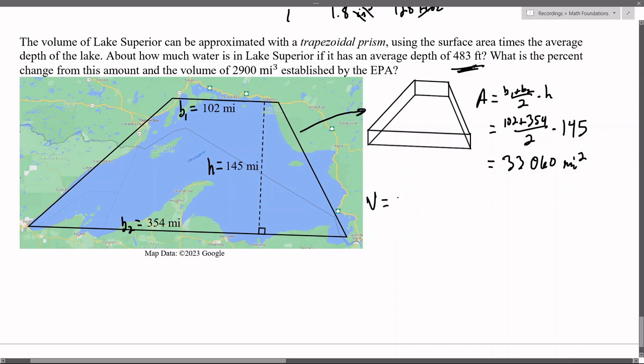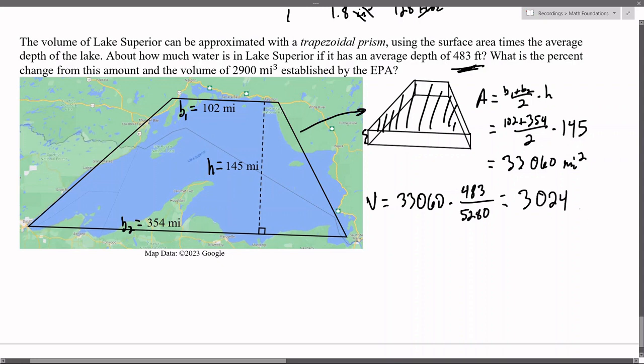That's going to be the miles squared of the trapezoid, and then we're going to multiply that by the depth here in miles, which is the same thing as 483 feet divided by 5280. That's how many feet are in a mile. That gives 3,024. We're just going to round to the whole place here. This is going to be miles cubed.